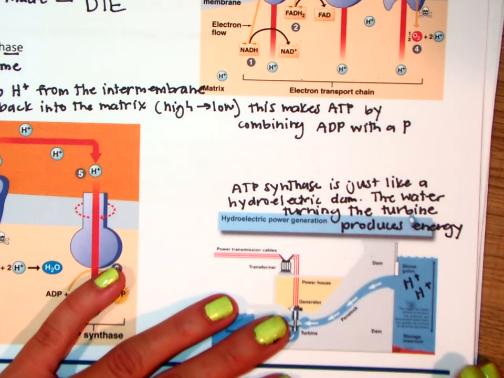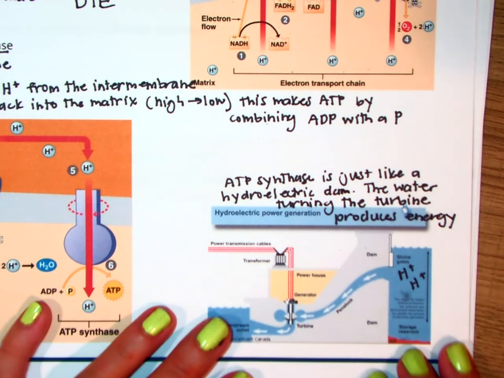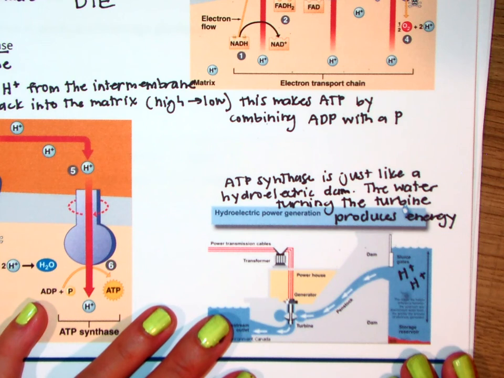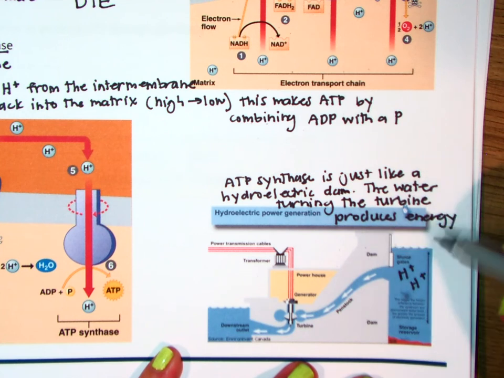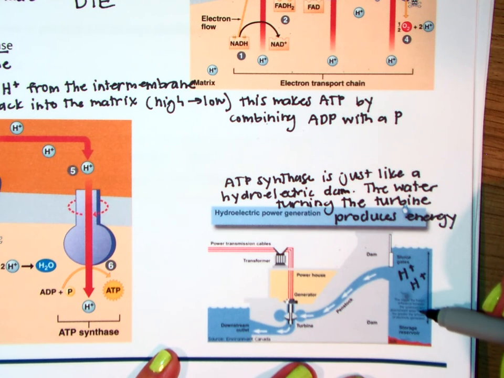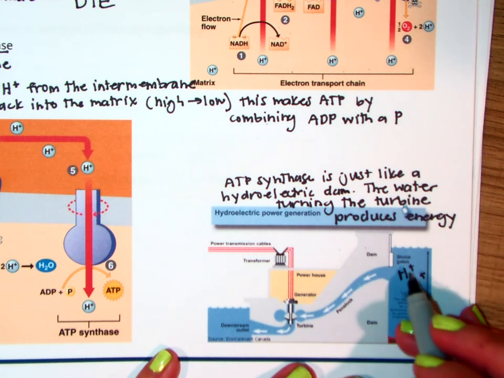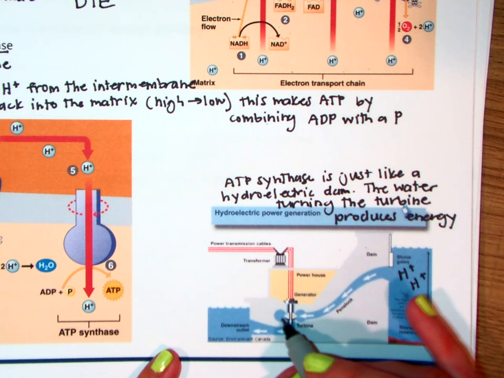Sorry, my writing's getting sloppy. I hope you can read that. I'll read it one more time. ATP synthase is just like a hydroelectric dam. So the water turning the turbine produces energy. So again, we have all these hydrogen ions that were pumped into the intermembrane space, creating a gradient, high to low, and through the ATP synthase enzyme protein pump, they'll flow from high to low.